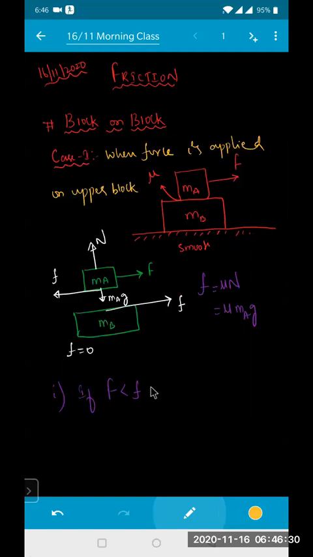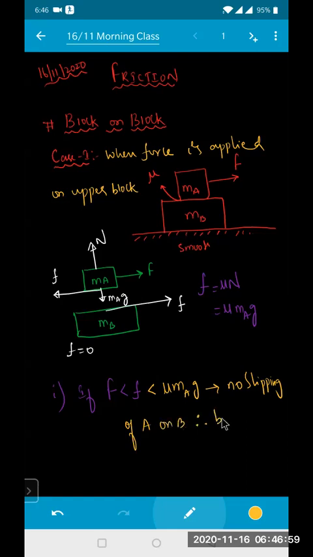So if F is lesser than mu into MA into g, then there will be no slipping. Whatever force you are applying is lesser than friction, it can't break the bond between mass A and mass B. So there will be no slipping of A on B.